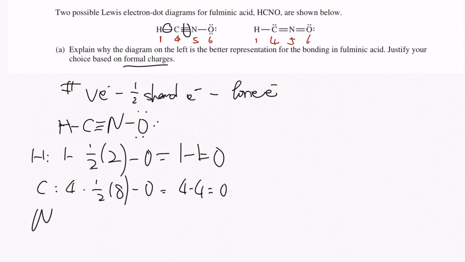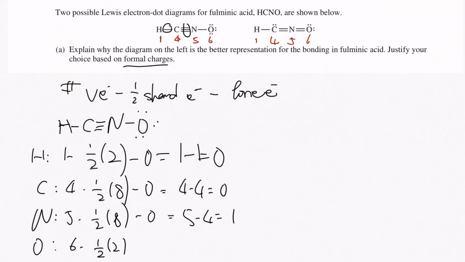Same for N and O. It's 5 minus 1/2 8 minus 0 equals 1. And 6 minus 1/2 2 minus 6 equals -1.